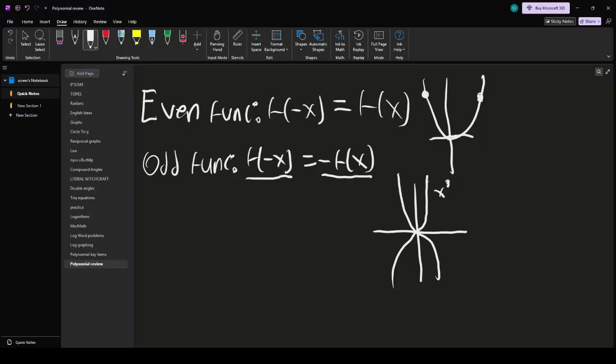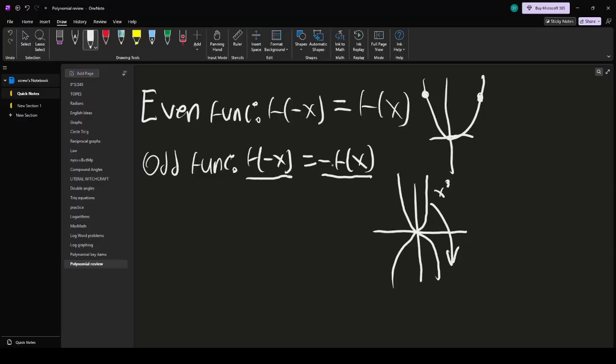Now imagine a 3D space where you flip it this way, like you put it on a piece of paper and made the backside the front by flipping the top to the bottom, it'll look the exact same. So that's why this definition holds true for odd functions.